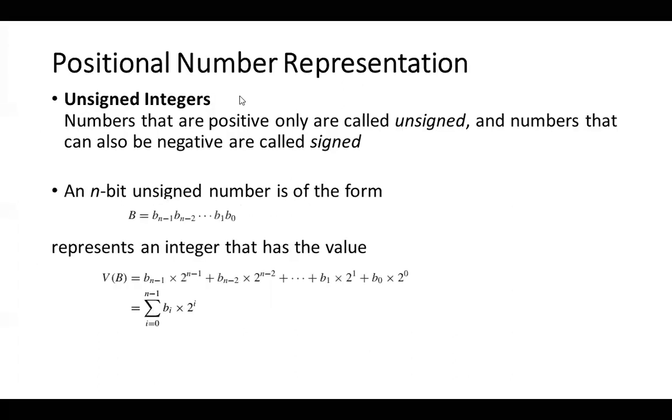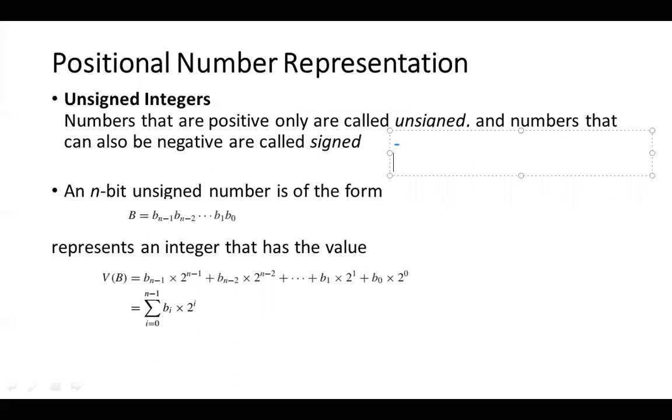Now, we can use the positional number system to represent signed integers and unsigned integers. Now, how do we represent an unsigned integer? Any number without a negative sign is known as an unsigned integer.